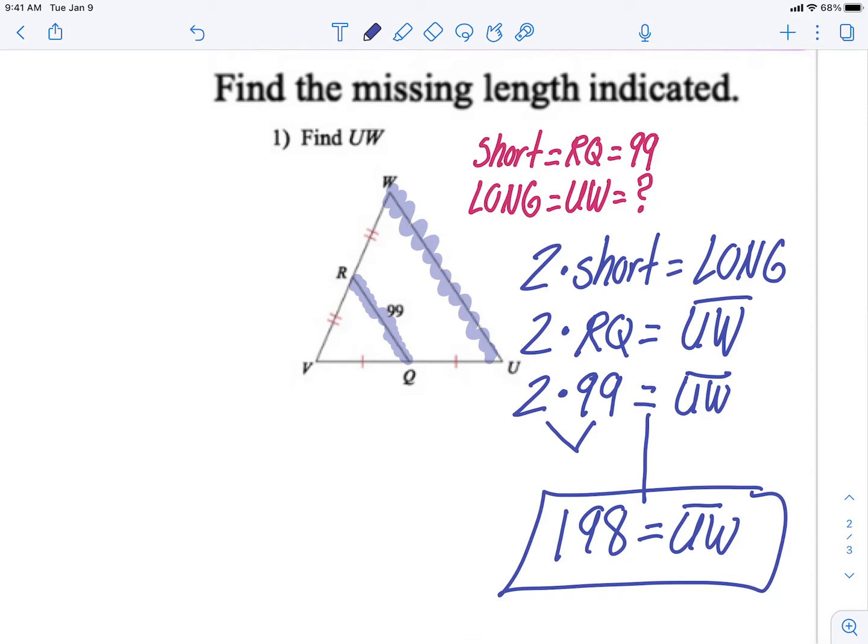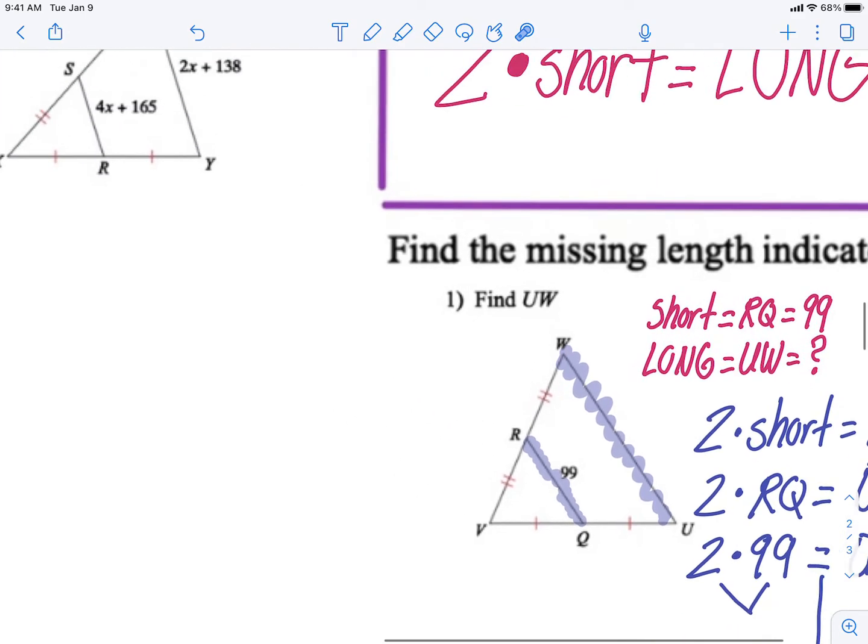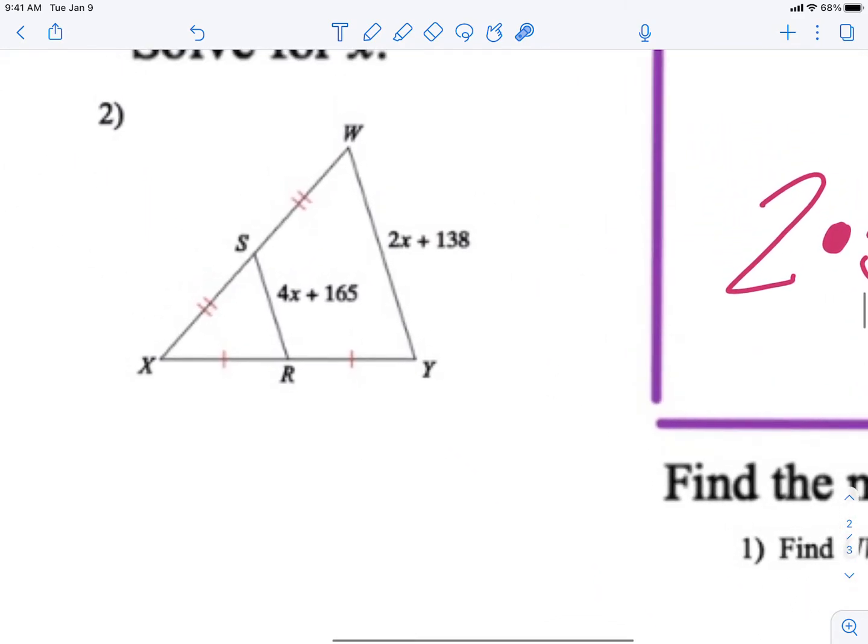We identified the short, we identified the long, we used 2 times the short is equal to the long, we plugged in our numbers, boom, we got our solution. We found UW. Find UW. Okay? So, let's keep that same idea for number 2 here.